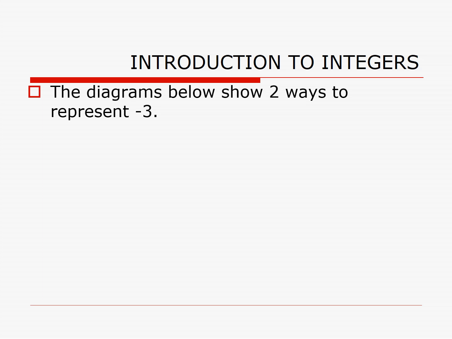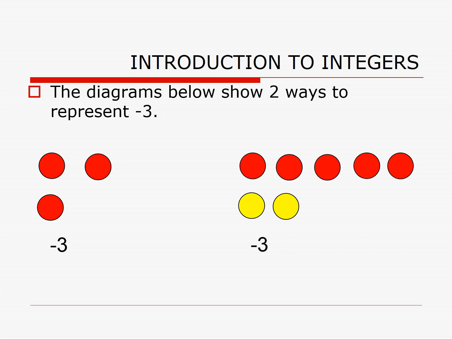Just see the diagram below, and here you will find two ways to represent -3. These are three red tiles. Each red tile represents one negative number. So three red tiles represent -3. Seeing the second diagram, you can see that there are 5 red tiles and 2 yellow tiles.